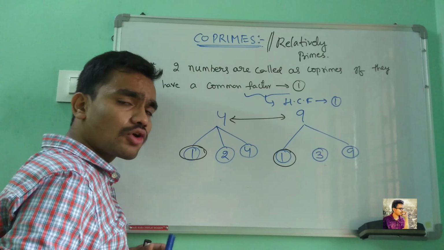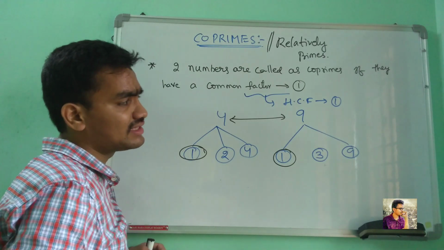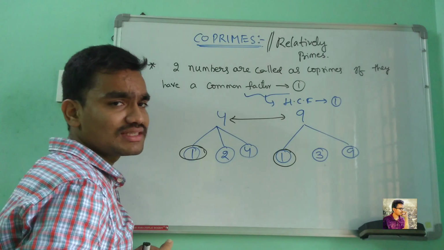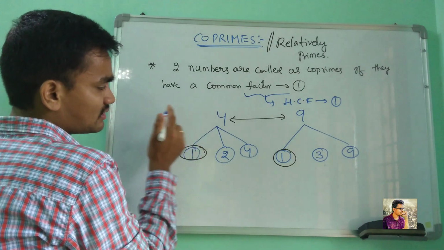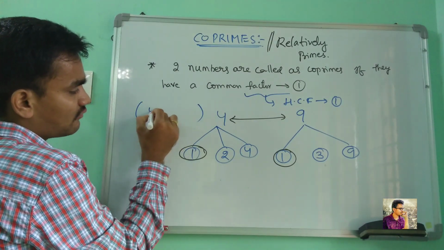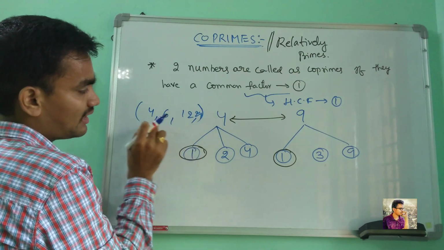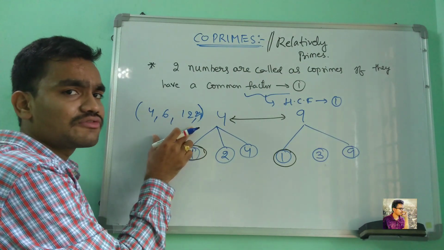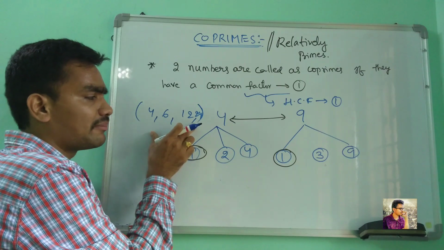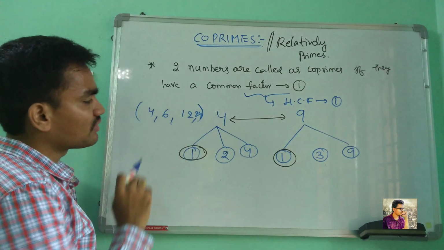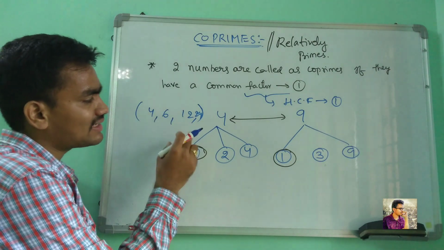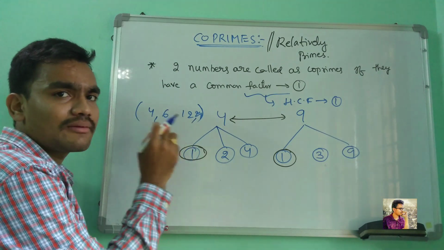And one point I forgot to say while finding the HCF in the previous video: if a set of numbers is given, like 4, 6, 12, 24, and we ask you to find the HCF of these four numbers, then you can simply neglect the highest number if the two are multiples.